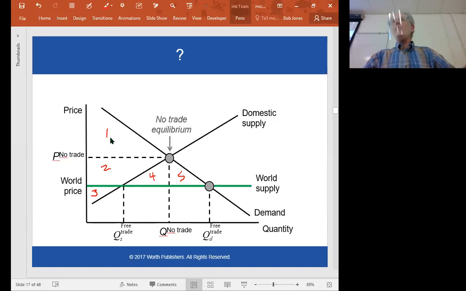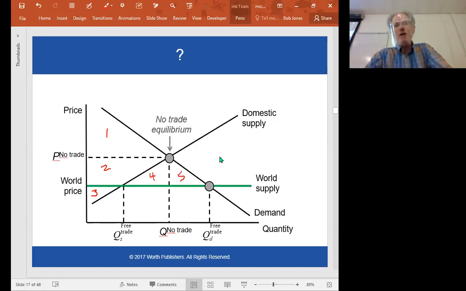But now that we have an open economy with free trade, this price is irrelevant. This is now the price. And so the area below the demand curve and above the price line would be area 1, 2, 4, and 5.